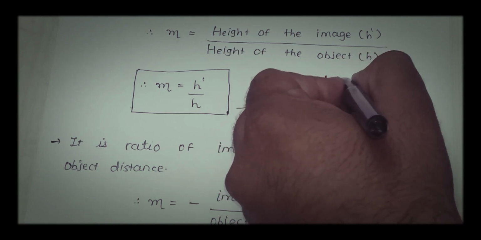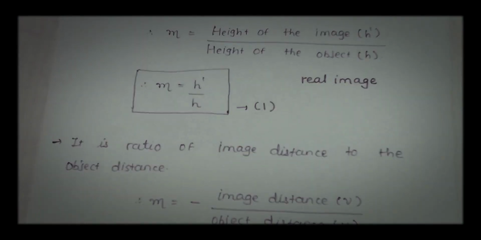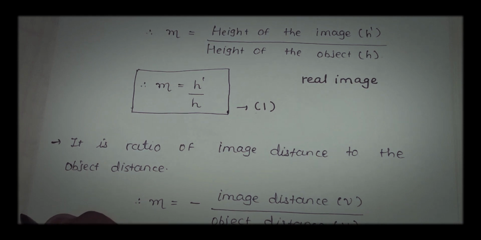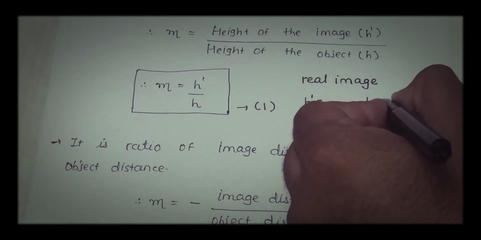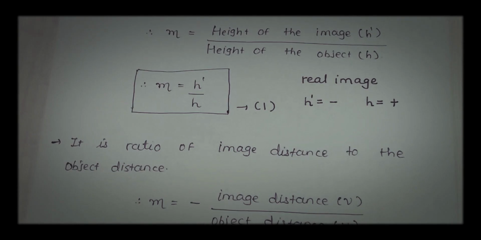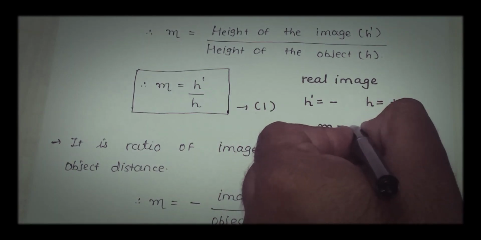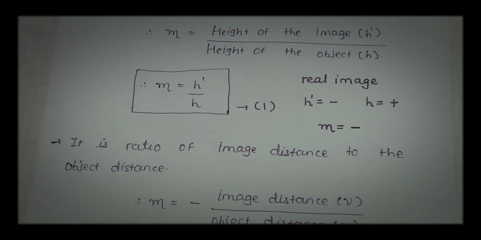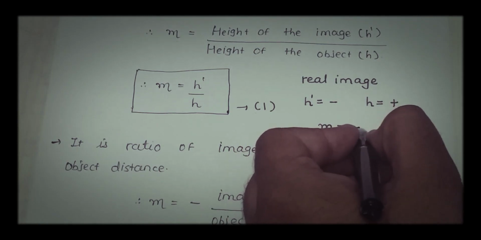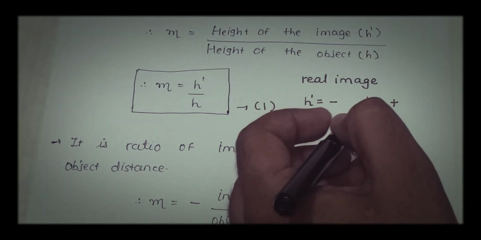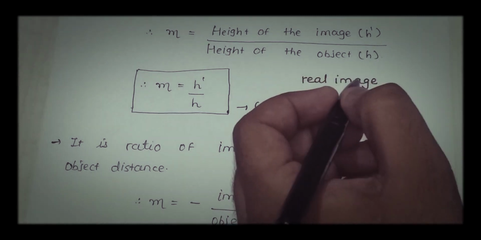Now for a real image, you know very well, the image is formed downward to the principal axis. So if we apply sign convention, we get h dash is negative and h is positive. It means in general our m is negative. So if our magnification is negative, then it indicates our image nature is real.